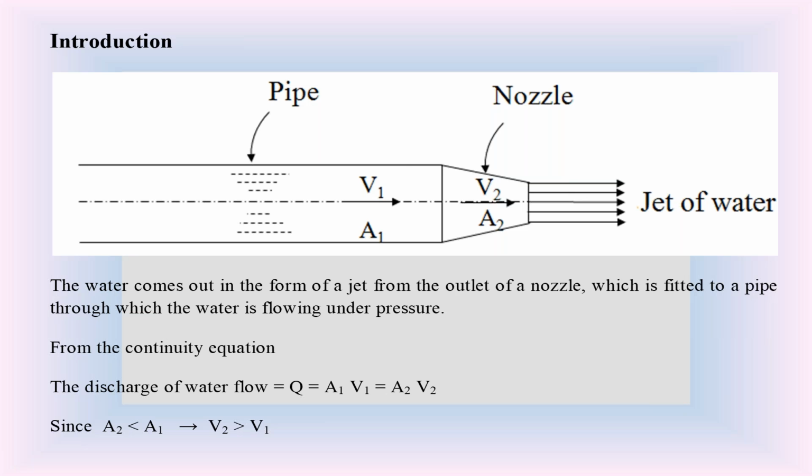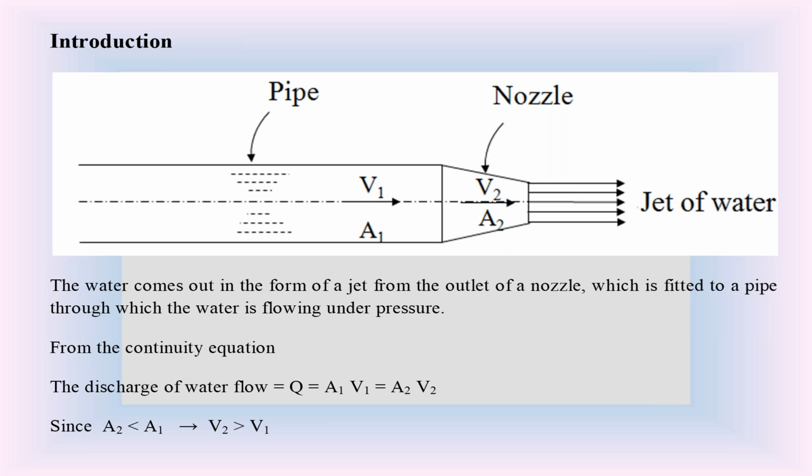In the moving condition also, we have the flat plate perpendicular to direction of water flow. Second, the flat plate inclined to direction of water flow. Third, the curved plate. For all these conditions, we are going to discuss the equation of the force exerted by the water jet on the metal plate.